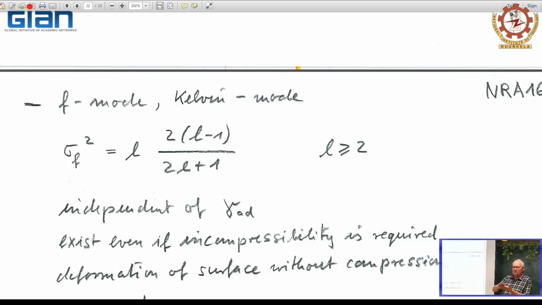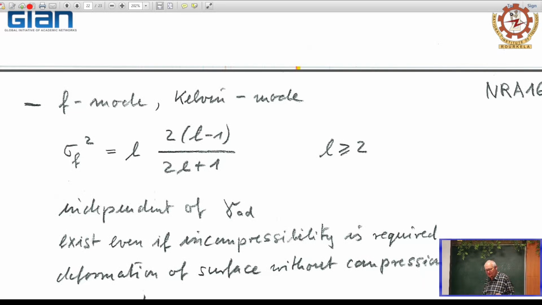Consider a homogeneous constant density configuration, which you do not compress, but you deform the surface of this configuration. Then you get this mode. This means this mode represents a surface wave on top of your configuration. No compression is involved.